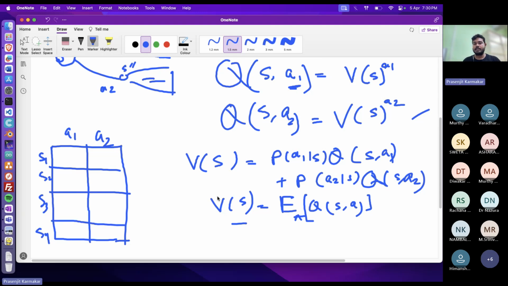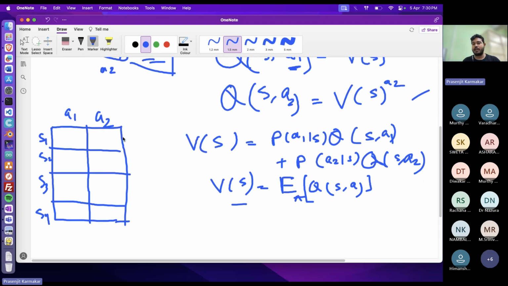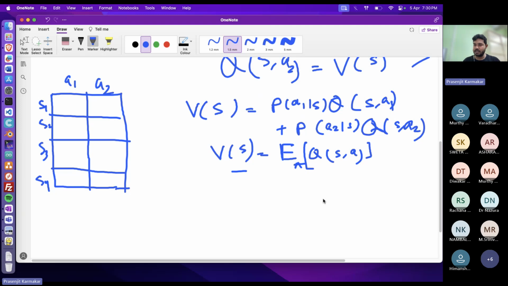And if I have an optimal value, earlier we were looping through all the possible policies, and whichever policy has the maximum value is the optimal policy.